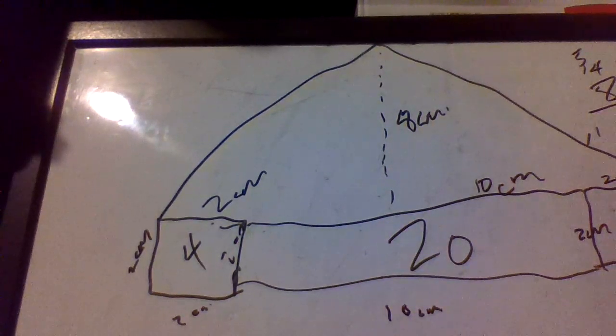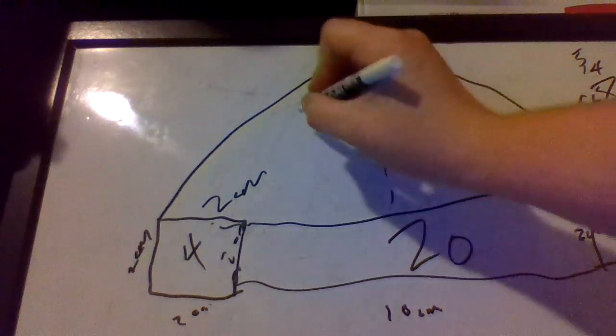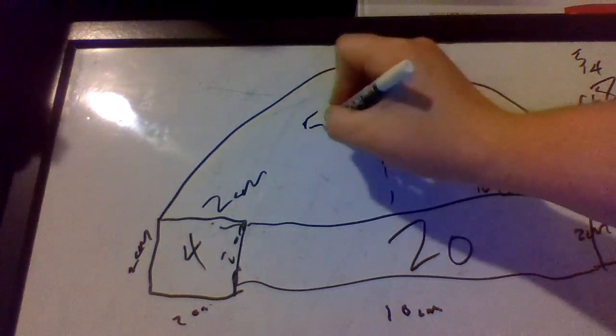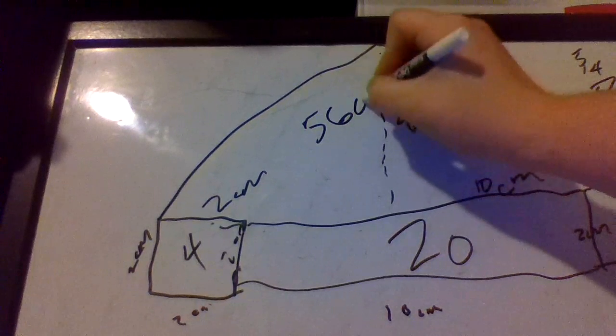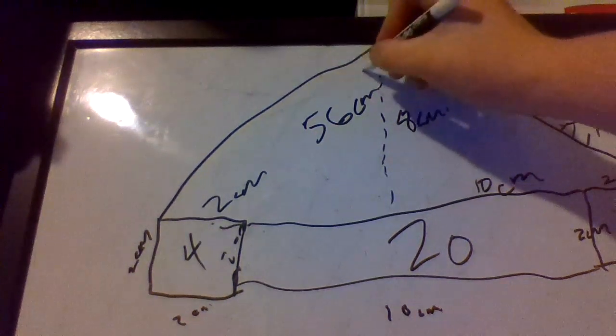Now we're going to have to divide it by 2. No, that's not right. 2 times 5 is 10. And we have 1 left over. So 2 times 6 is 12. So the area of this entire triangle is 56 centimeters squared.